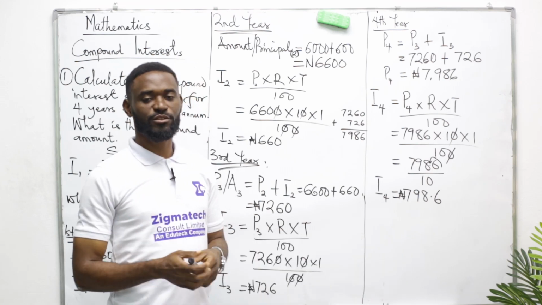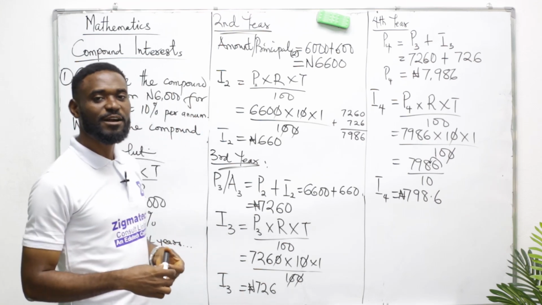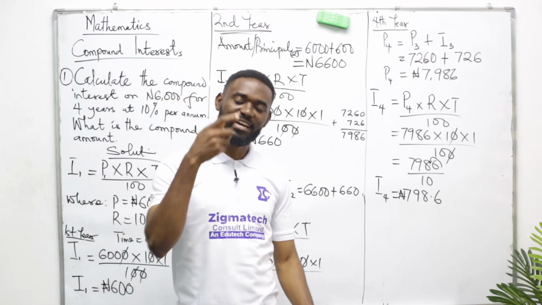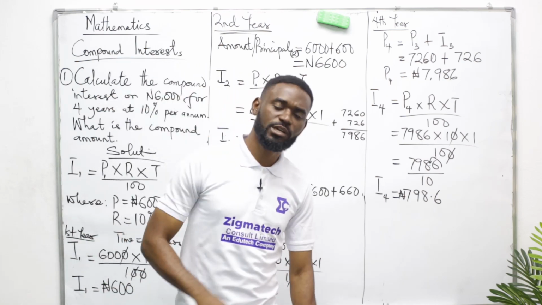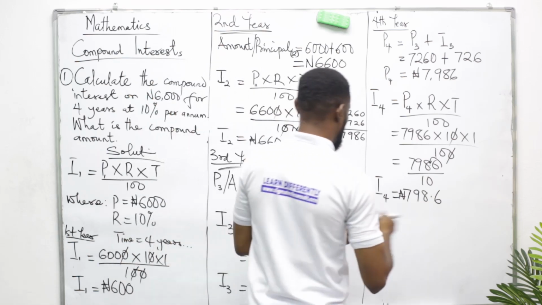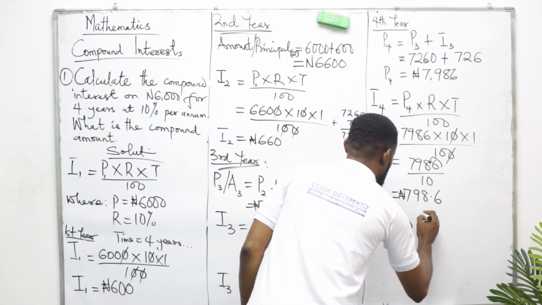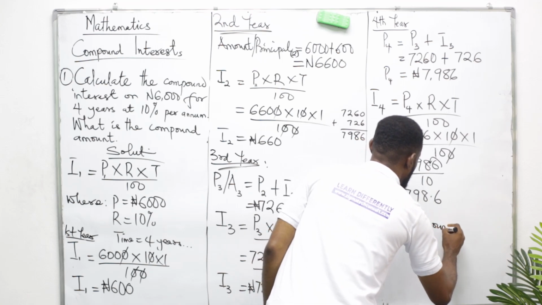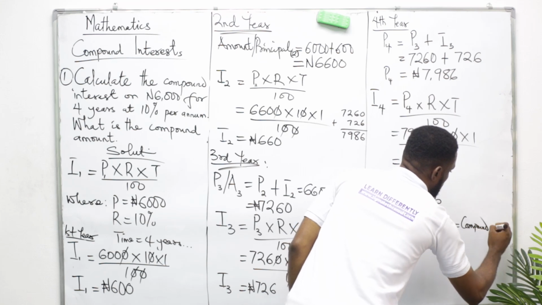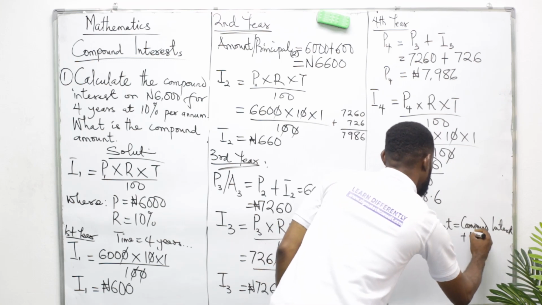Remember the formula we talked about says that compound amount is equal to compound interest plus principal.